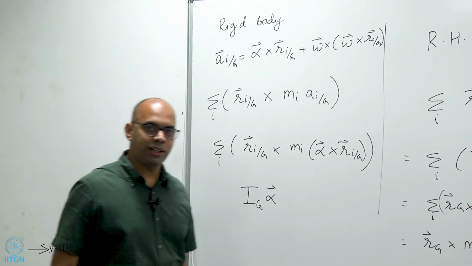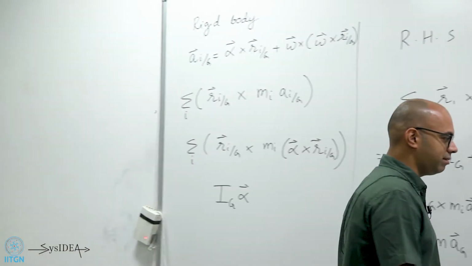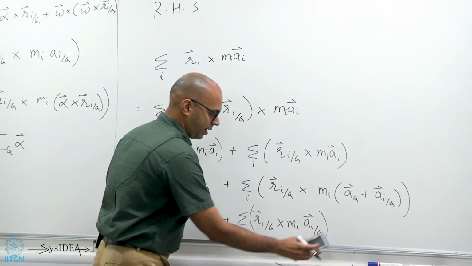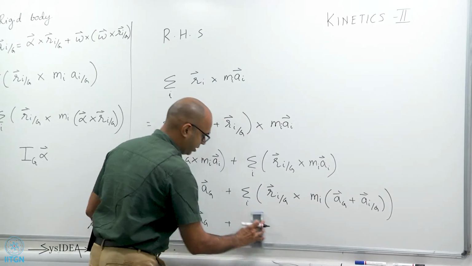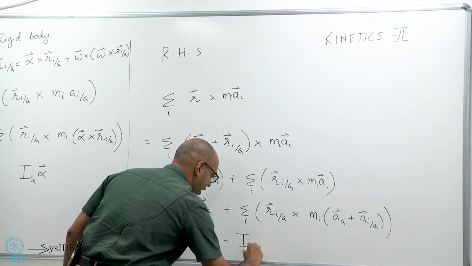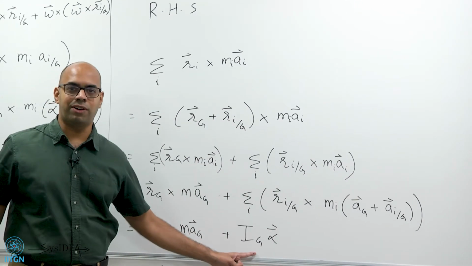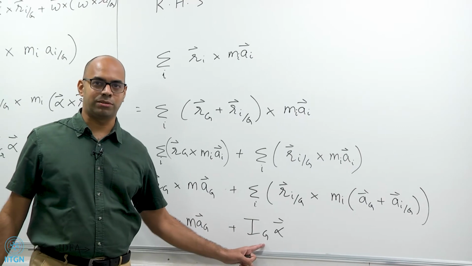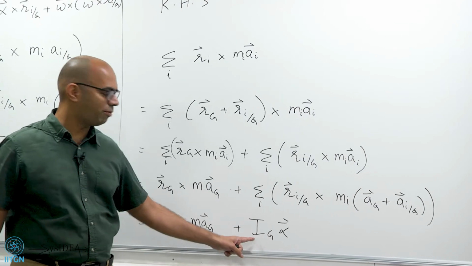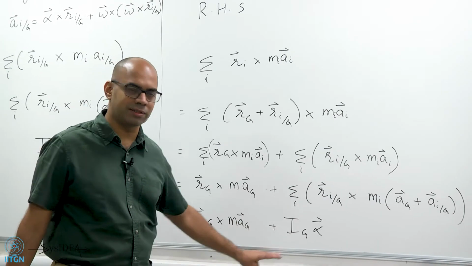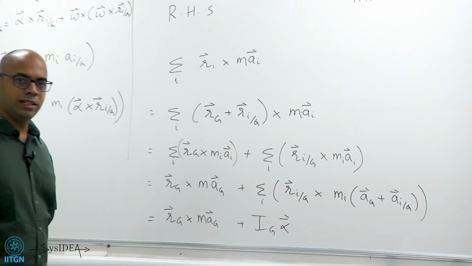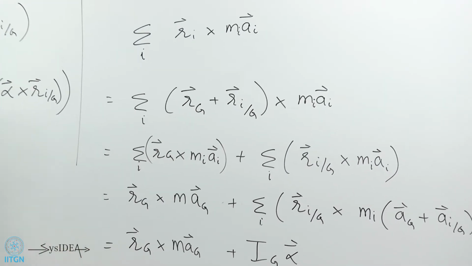So if we go back to our right hand side equation, this simply becomes Ig alpha, but this is only valid when we have the rigid body assumption. When we are talking about a system of particles, you cannot write it this way. So let's clean this up.